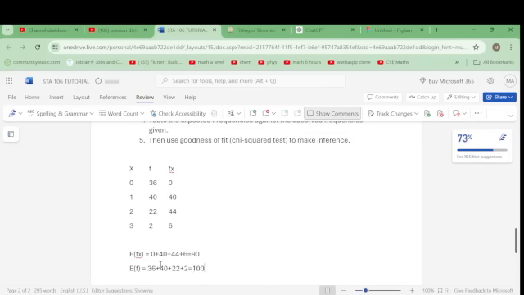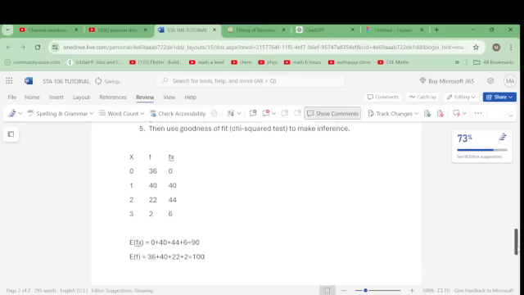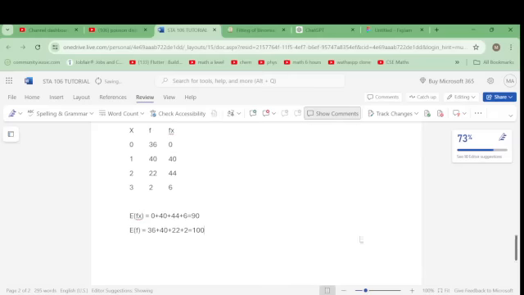So that's 100. Now our mean, let's use capital letter U for that, will be equal to the sum of all fx divided by the sum of all f, which is 90 divided by 100, which equals what? 90 divided by 100 equals 0.9.